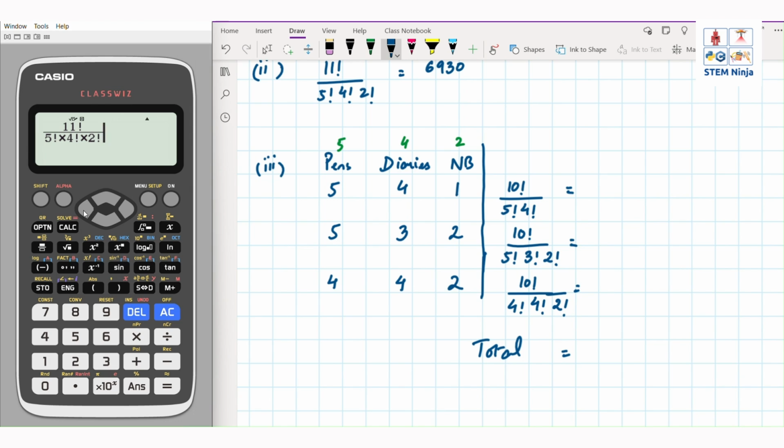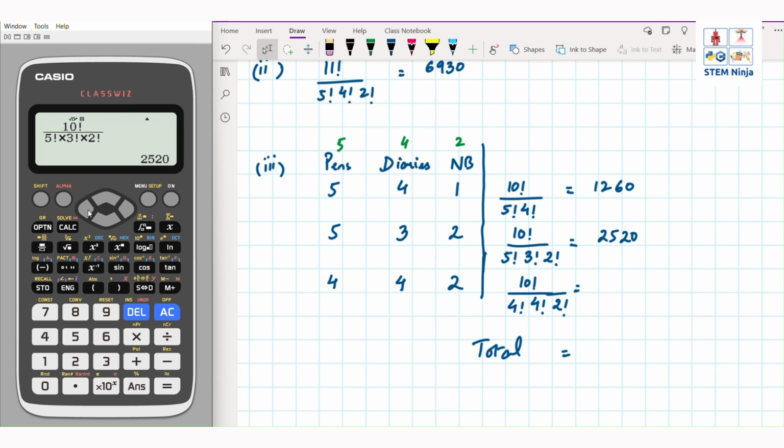Let's figure this out. Over here we have 10 factorial. The first one gives 1260. The second one, with 3 and 2 factorial instead of 4, gives 2520.